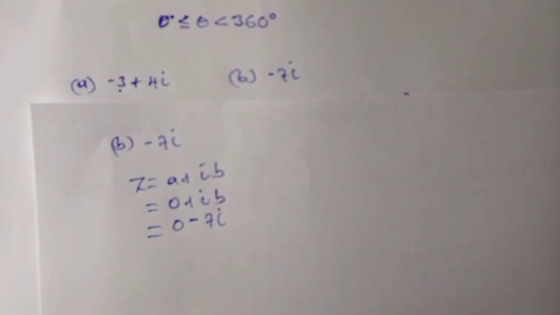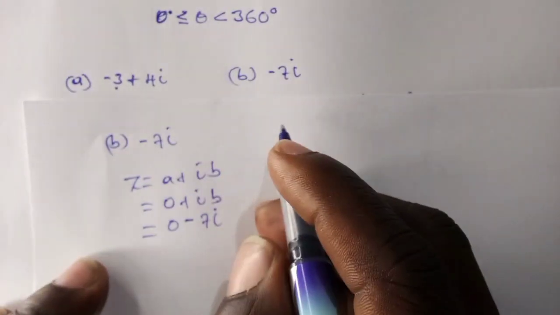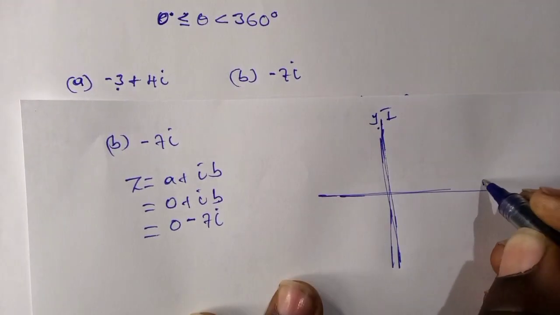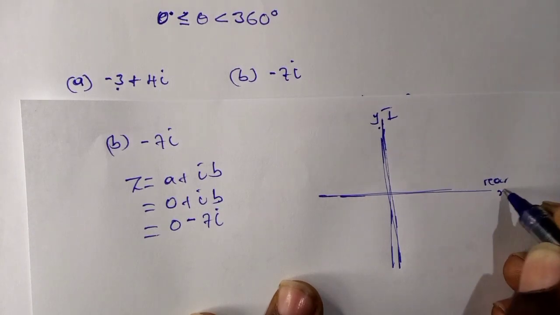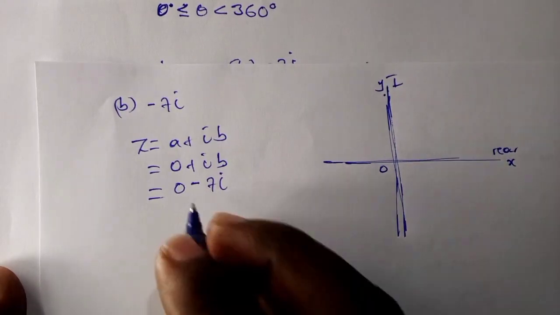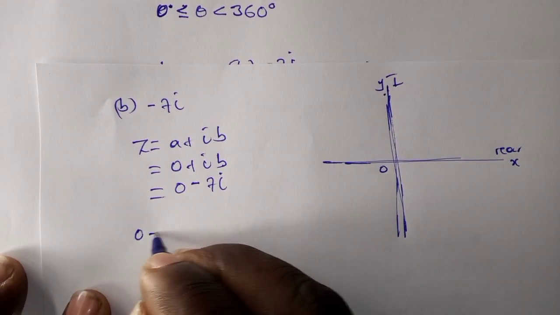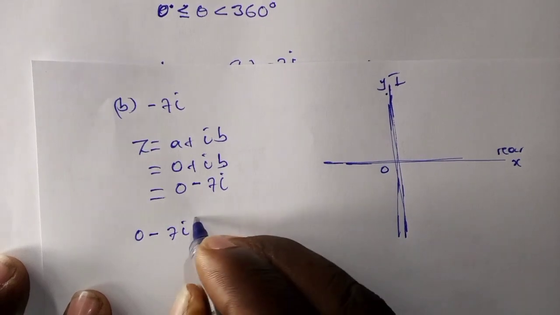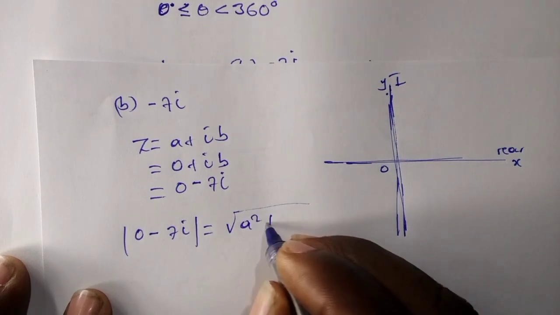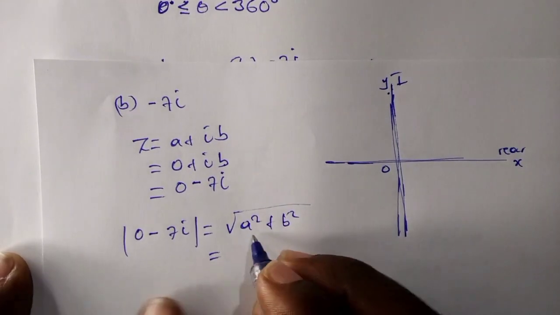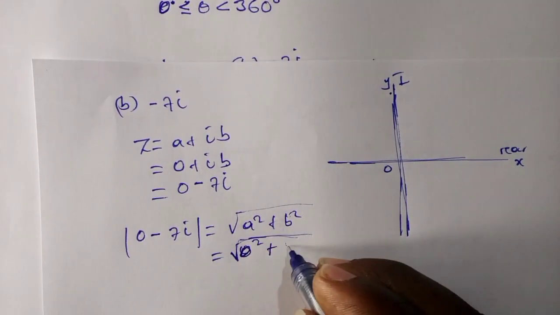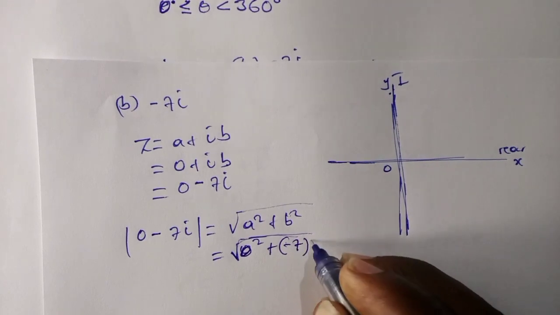So now if you reach here, the second step, we have to find the radius. Now how do we find the radius? We are going to draw, then this is the real axis, which is x, and here we have 0. So we have to do 0 minus 7i, the modulus, which is equal to the square root of a squared plus b squared, which is 0 squared plus minus 7 squared.